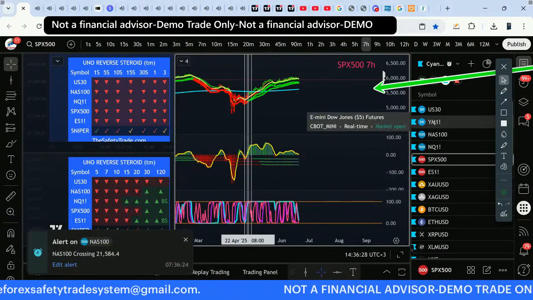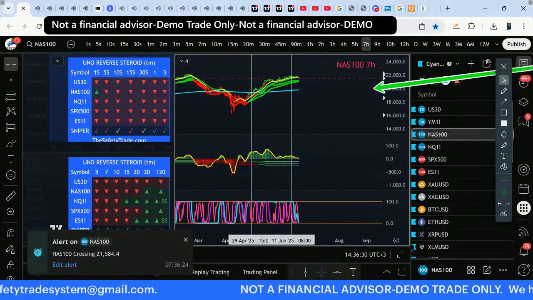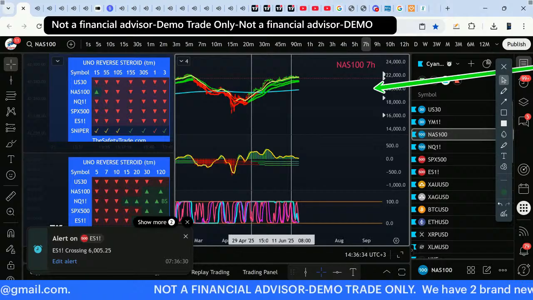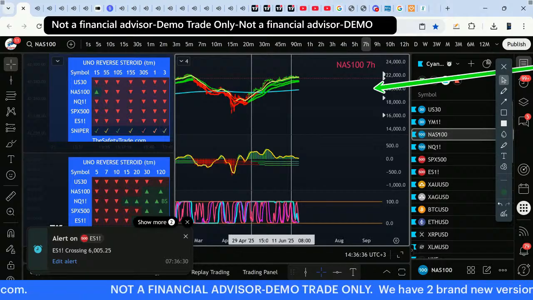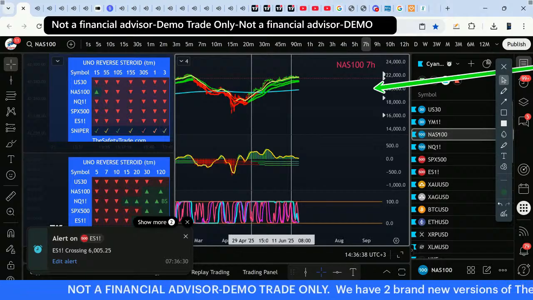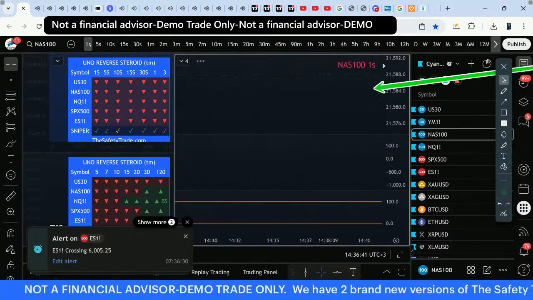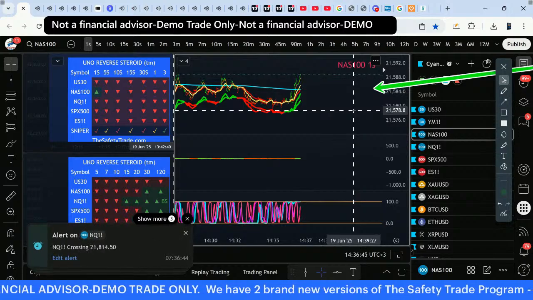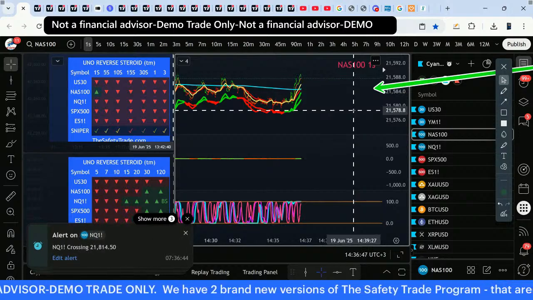And oh, there we go. Let's see if we can. Yeah, that's one. Okay. Let's go down here to the ones. There it is. 1 second buy stop to the blue line for NAS. Perfection.